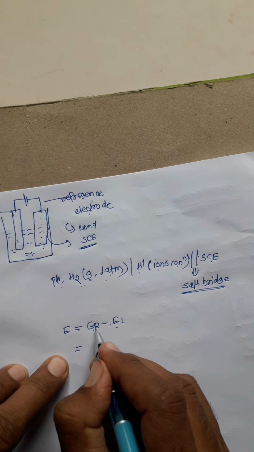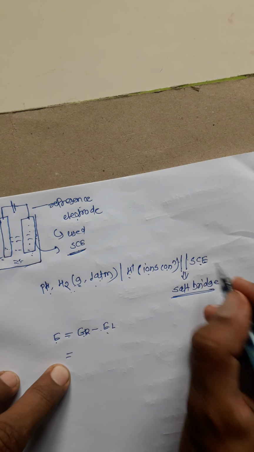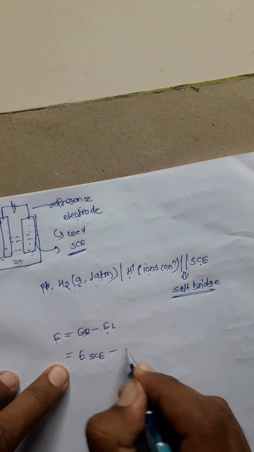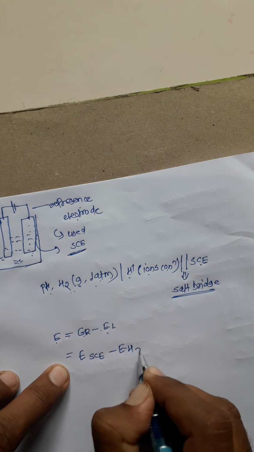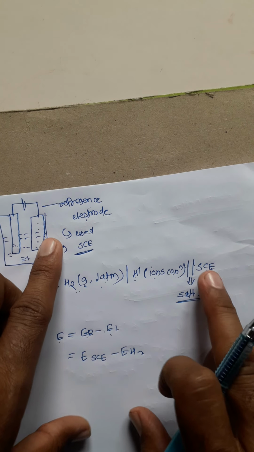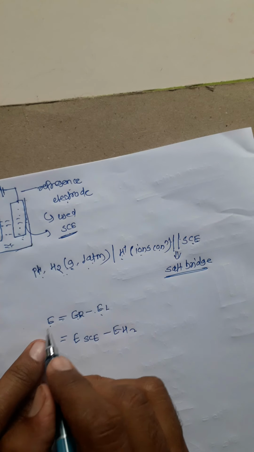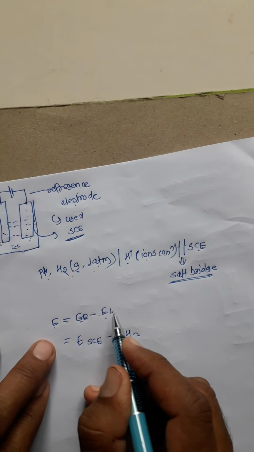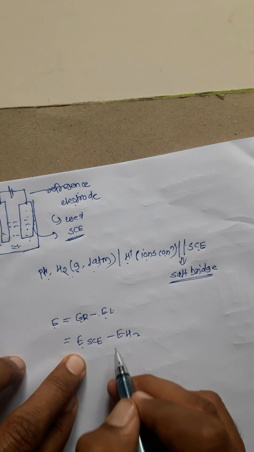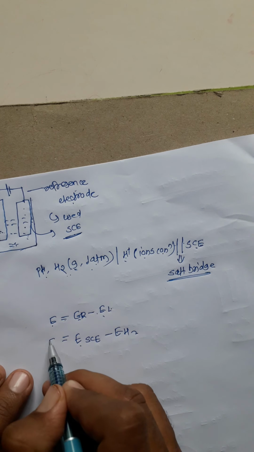In the right side there is the saturated calomel electrode, and the left side is the hydrogen electrode. That is why the EMF of the cell is the EMF of the saturated calomel electrode minus the EMF of the hydrogen electrode.